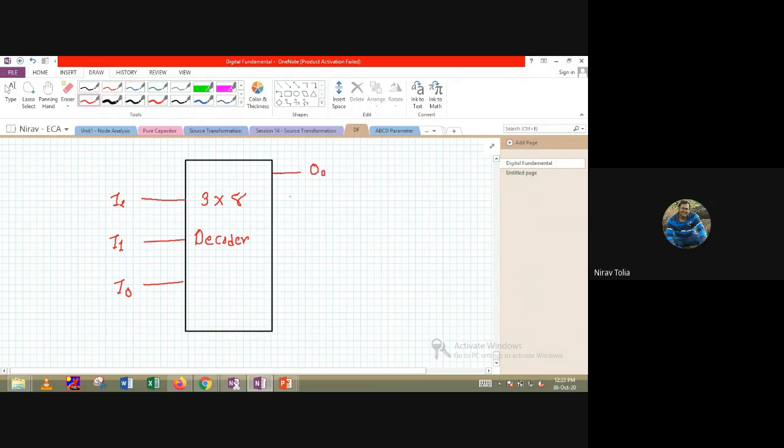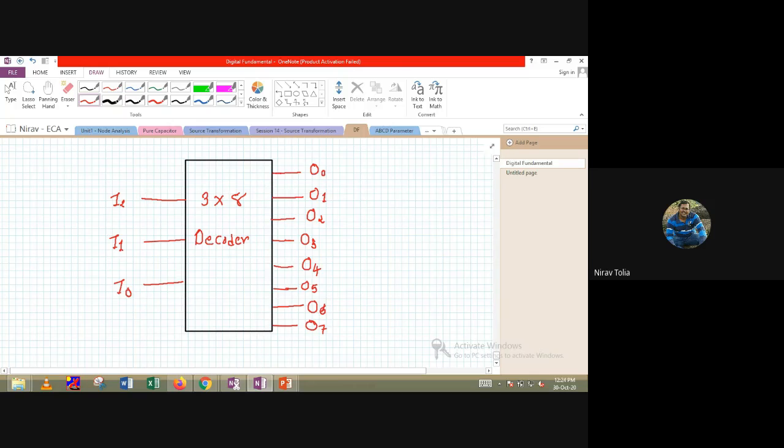The outputs are O0, O1, O2, O3, and so on.